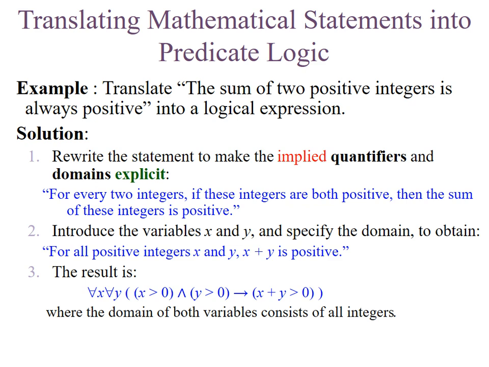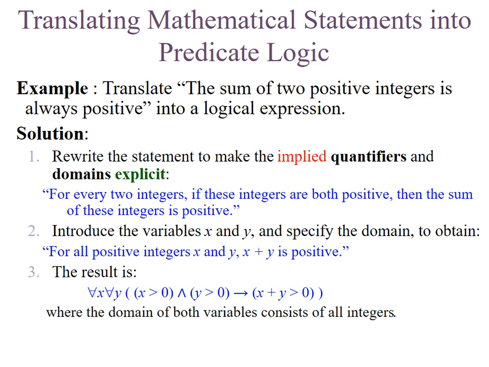So we have a conditional statement behind this original English sentence. That means if we have two integers that are both positive, then the result after addition will be positive.